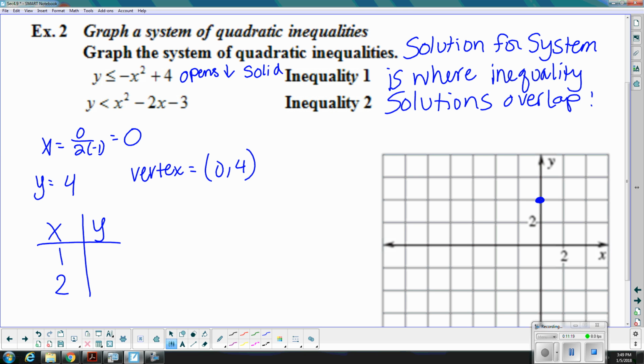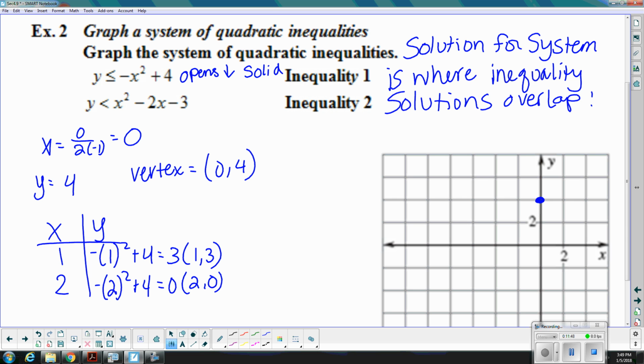If x is 1, our y is negative 1 squared plus 4. So that's negative 1 plus 4, that's 3. So my point is 1, 3. And if I choose 2, it's negative 2 squared plus 4, which is negative 4 plus 4, which is 0.